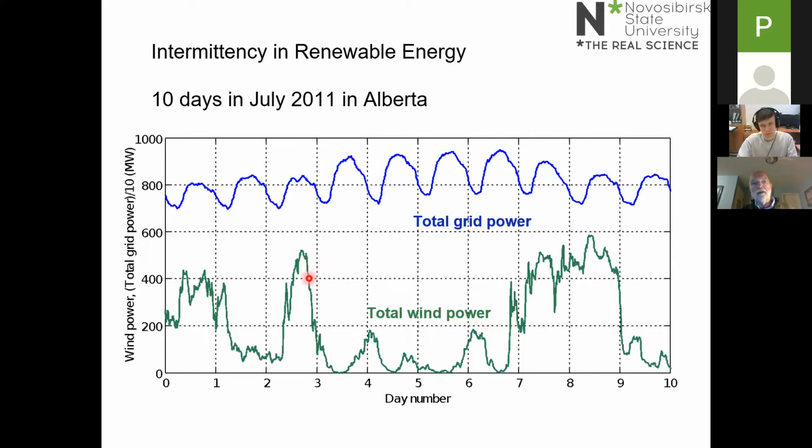And those very rapid falls and rises are very difficult for the electricity system to deal with, because when the wind power is rapidly increasing, the system operator has to tell other electricity generators to turn off so that the total demand is not exceeded. And when the wind power is decreasing, the electricity system operator has to bring on other generators that can make up for the drop in the renewable power.